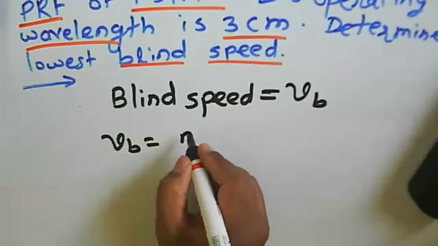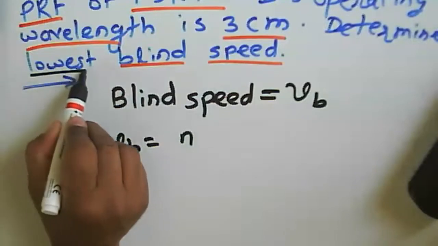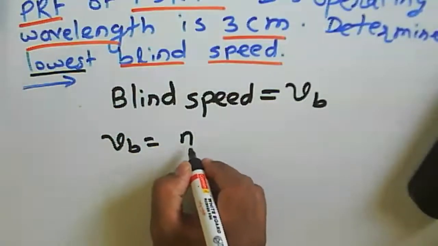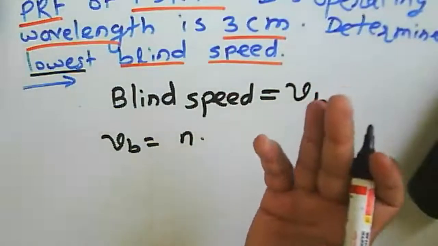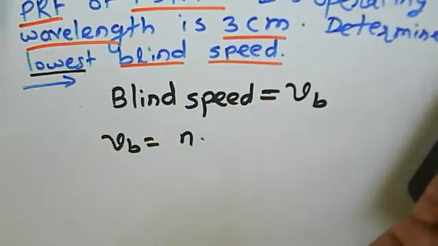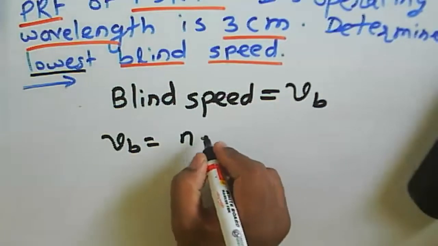Here we say it is the lowest blind speed, so for the lowest blind speed n becomes 1. If we require a second speed, n is 2, 3, likewise. So we require the value of n here.